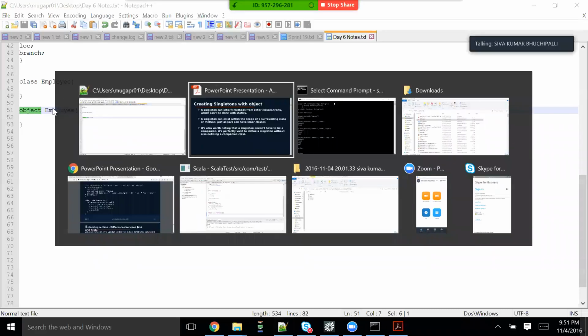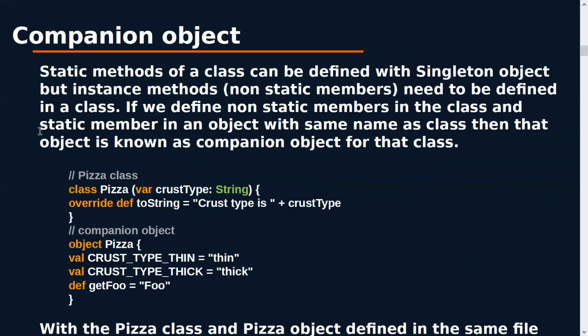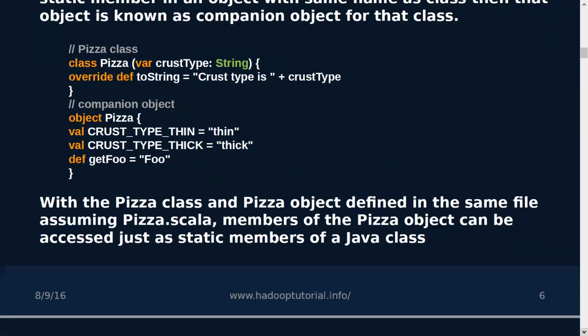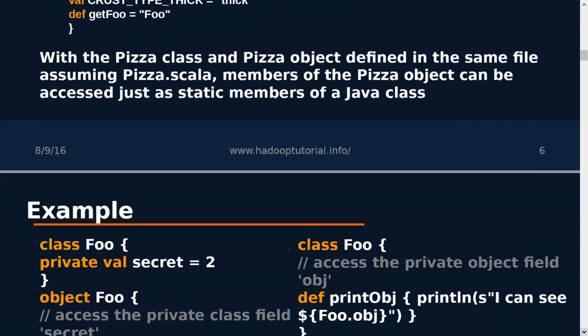And let's see an example for that. That makes your understanding a bit easy. So this pizza companion object that we have seen, there is nothing specific here. This we have already talked about. Let me show you the next example.